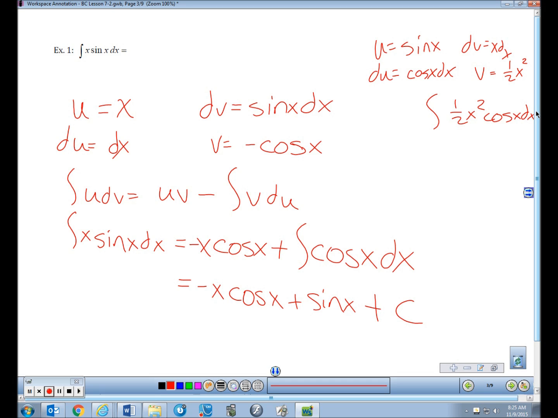If log x is involved in the problem, regardless of anything else, log x is the u value. Otherwise, it's whichever one goes to a constant. If neither of them go to a constant, then most of the time it doesn't matter. We're going to see examples of all of these later on in the lesson. But for the most part, if one of the two factors does differentiate down to a constant, that's the one we want to set u equal to.